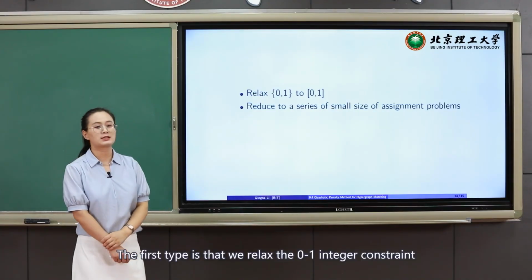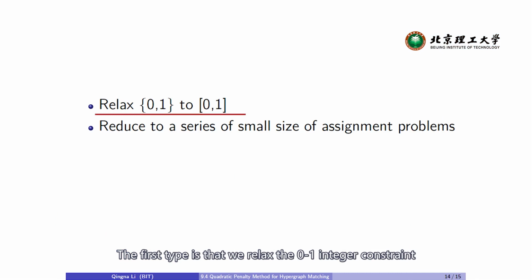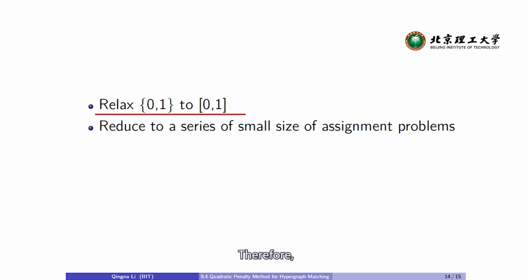The first type is that we relax the 0-1 integer constraint into an interval or box constraint between 0 and 1. Therefore, the problem reduces to a relaxed continuous optimization problem, and then we solve the relaxed problem.